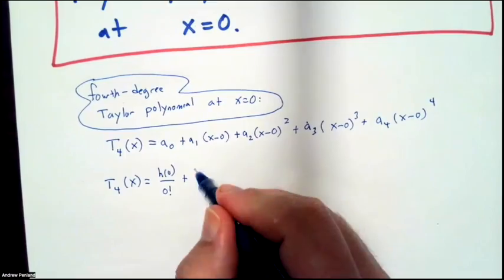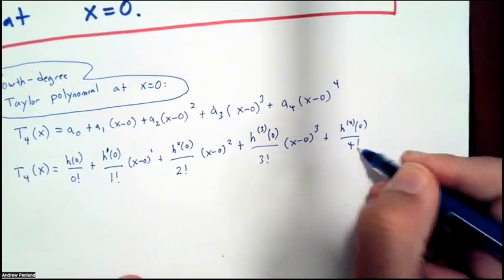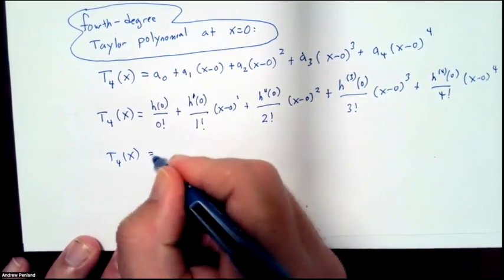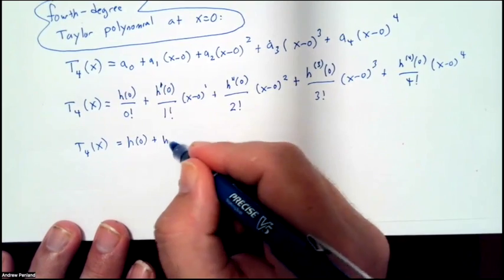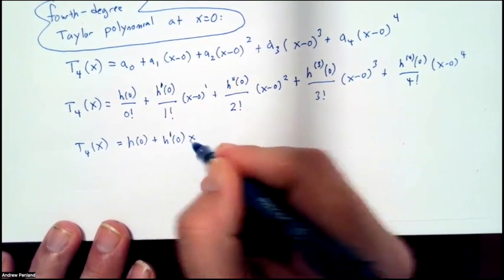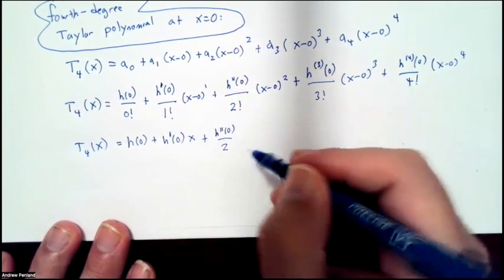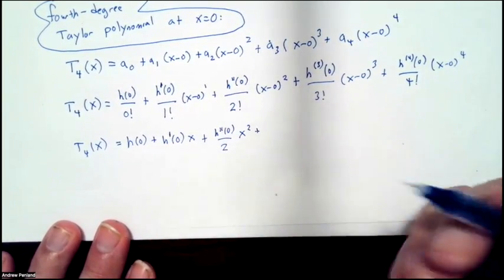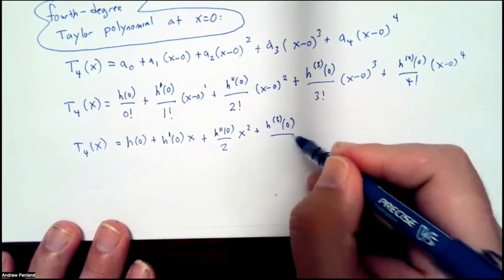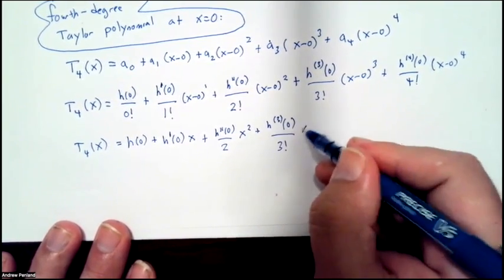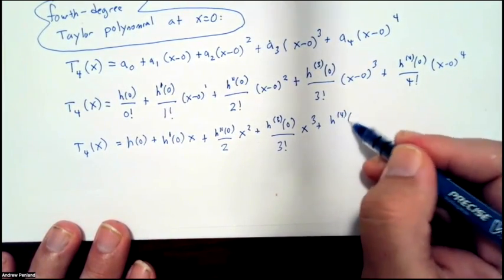I'm just writing out here the formula for a Taylor polynomial centered at 0, and now I'm going to work through and think about what these coefficients are. I'm going to simplify some of these factorials because 0 factorial is 1 and 1 factorial is 1 and 2 factorial is 2. So it's worth taking a moment to look at what some of these things are. 3 factorial will turn out to be 6, but I'll leave it like that for now.